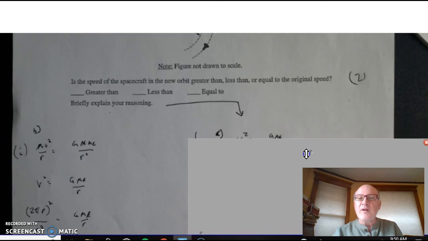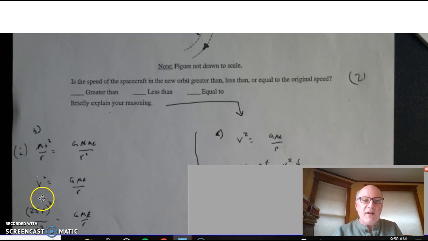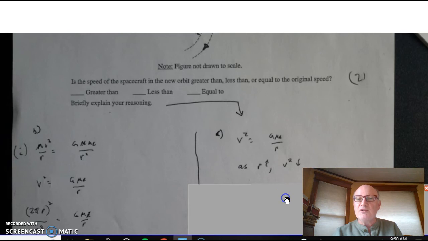So over here on the right, if I go back to v squared equals G times M e over r, then we can pretty quickly come to the conclusion that as r increases, v squared must decrease, and therefore v must decrease.